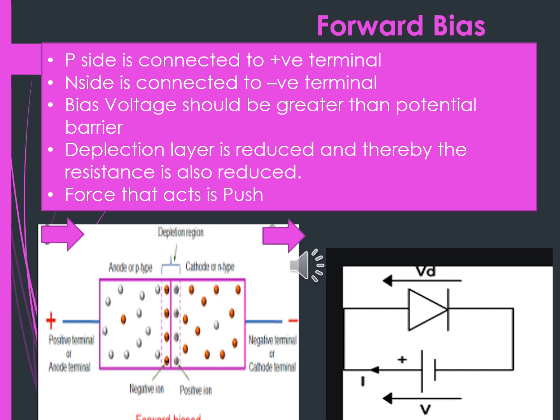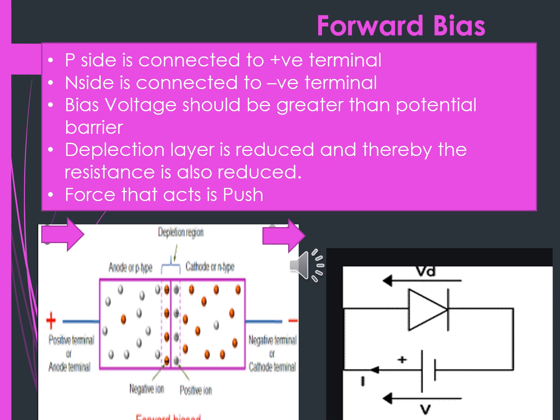When a battery is connected across the junction with the positive terminal to the P side and the negative terminal to the N side, the diode is said to be forward biased. Biasing means nothing but putting a battery to it.